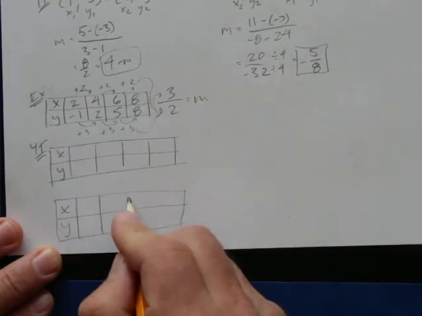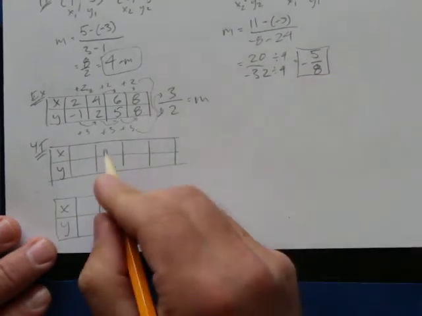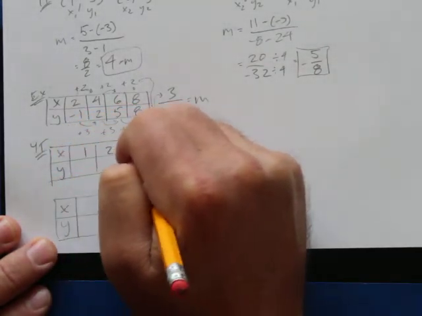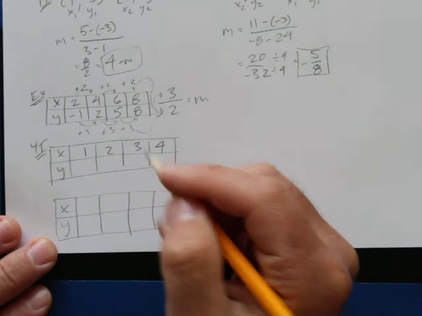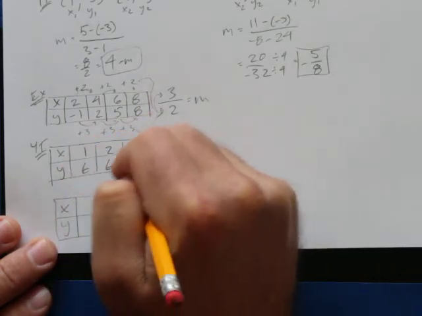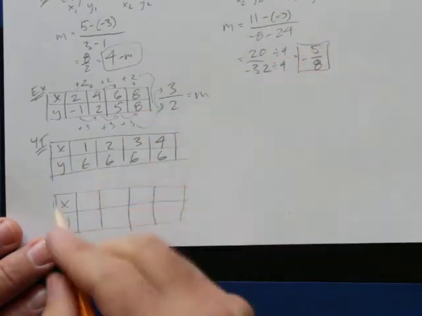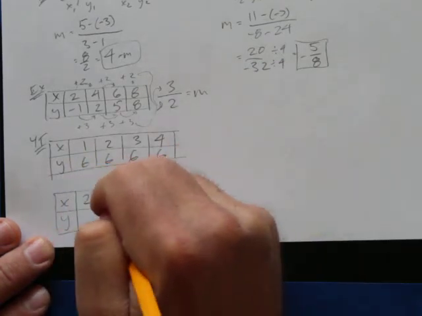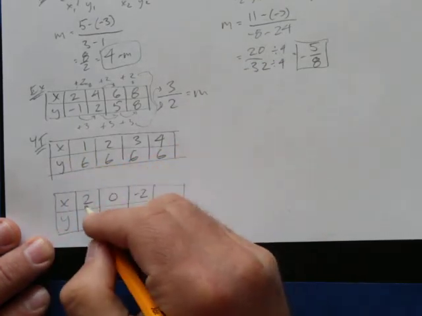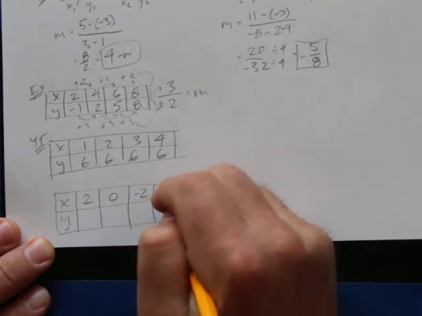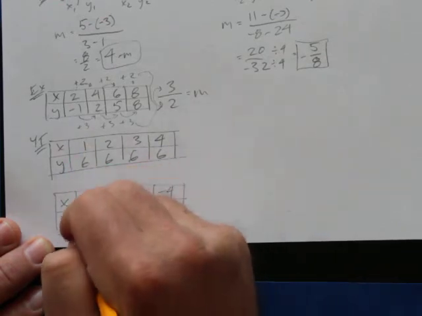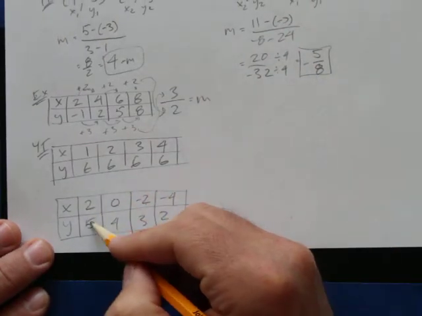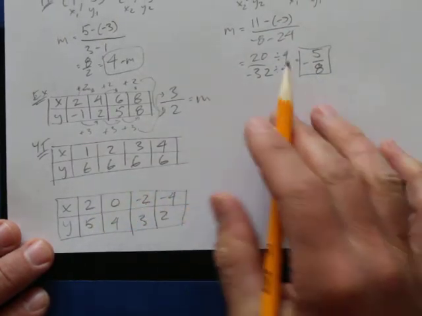Okay, so for this one on top, the x values are 1, 2, 3, 4. The values on the bottom are 6, 6, 6, 6. For the next one, the x values on the top are 2, 0, negative 2, negative 4, and my y values are 5, 4, 3, 2. So when x is 2, y is 5, when x is negative 2, y is 3.